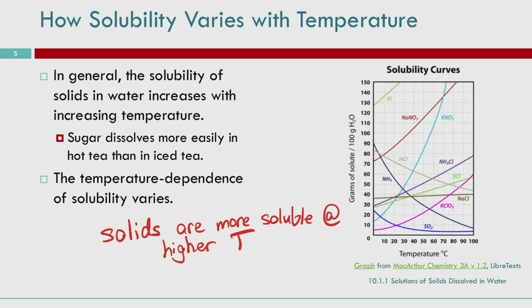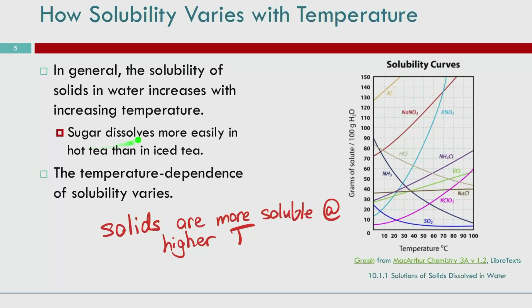And then our solubility is on the y-axis, so if we're moving up on our y-axis, that's increasing our solubility. You'll notice that for most of these lines, except for the SO2, our line goes up as we move left to right. That means our solubility is increasing as our temperature is increasing. Again, this is just the general rule of thumb. It's not always the case. So SO2 here is an example of that not being true. But generally, you increase the temperature, you increase the solubility for solids.